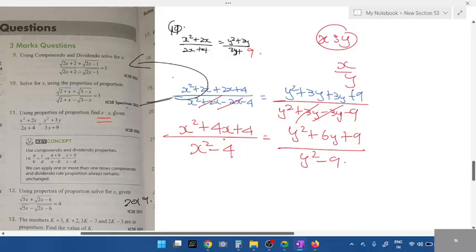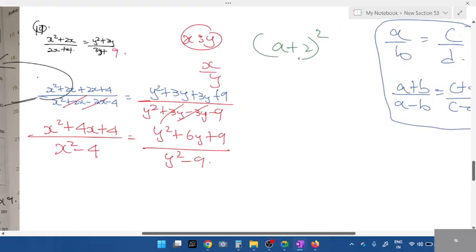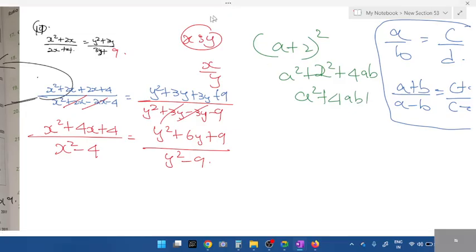How do you factorize this, students? We have to factorize this. What is a plus 2 the whole square? Apply a plus b the whole square concept here. A square plus 2 square plus 4a.